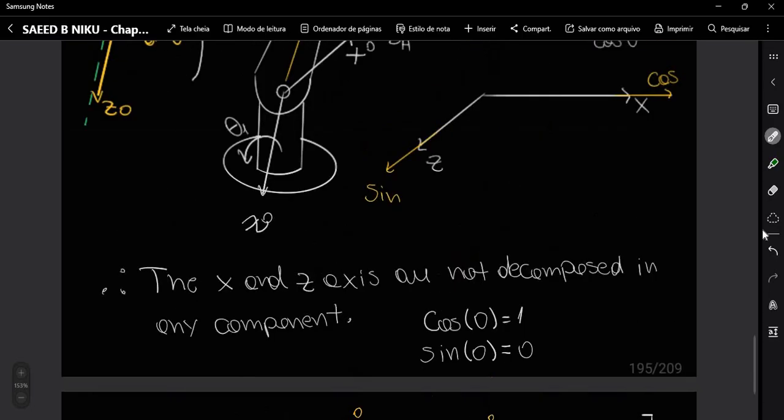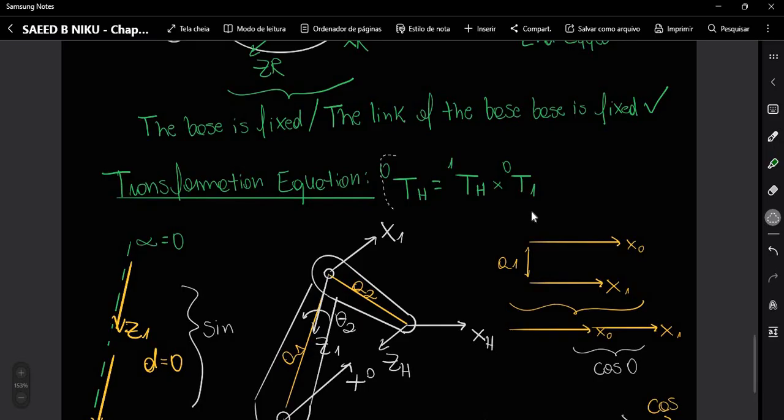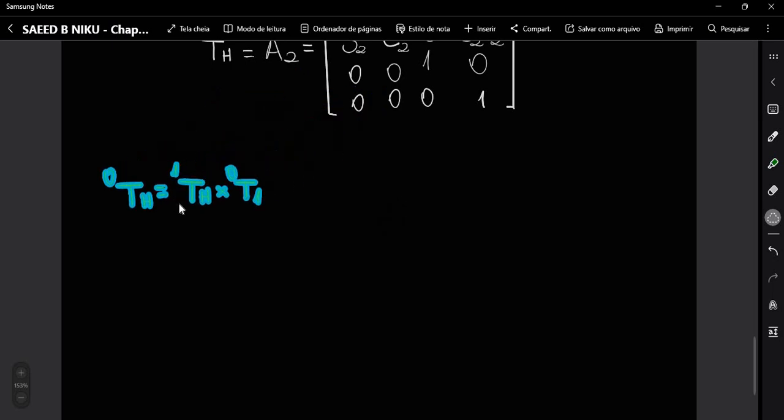And now we can find the total transformation, which is by multiplying all transformations on the system.